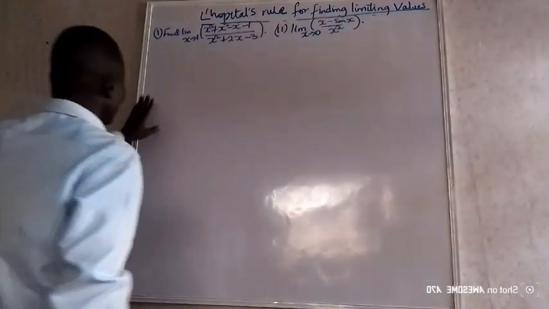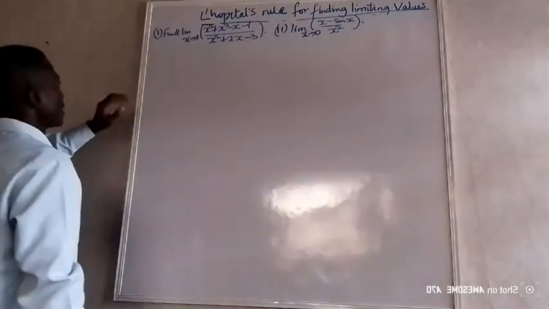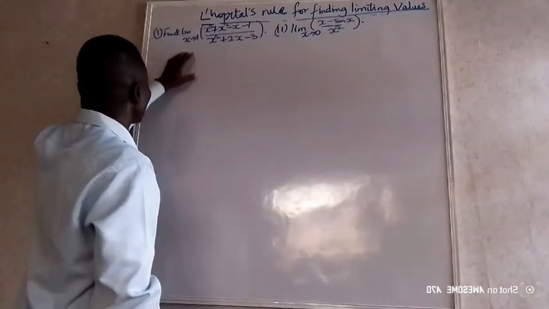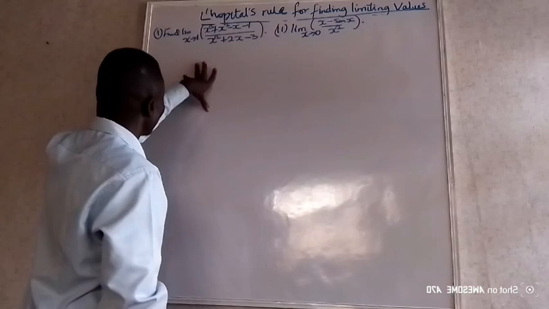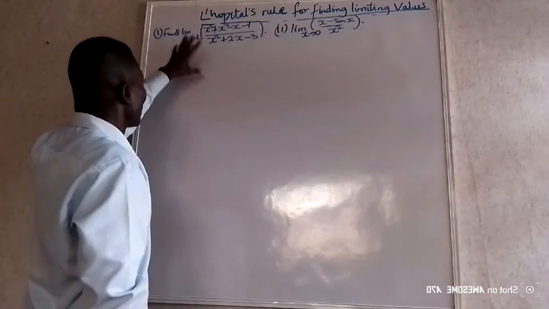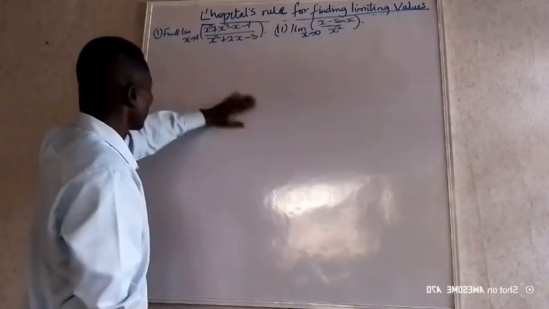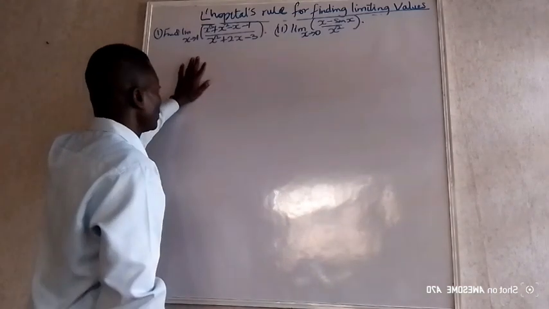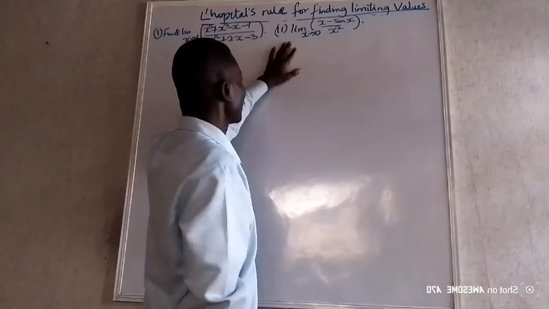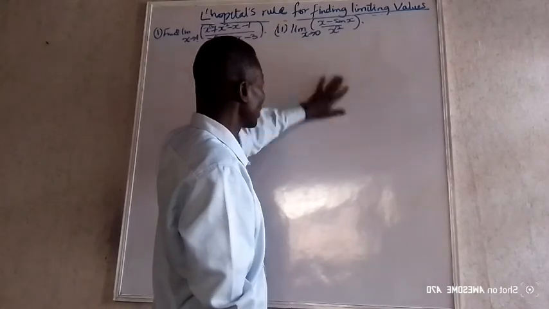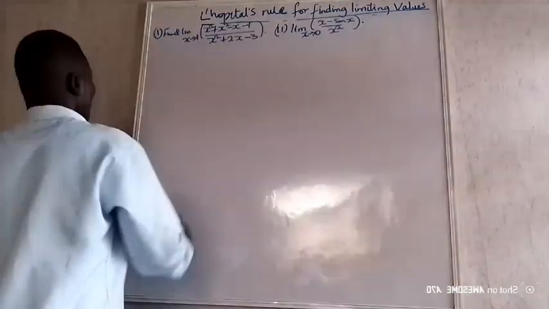Now let's quickly look at these two examples to close it. The first one says that we should find the limiting value for x cubed plus x squared minus x minus 1 divided by x squared plus 2x minus 3 when x tends to 1. The second one says x minus sin x over x squared when x tends to 0. Now let's see.